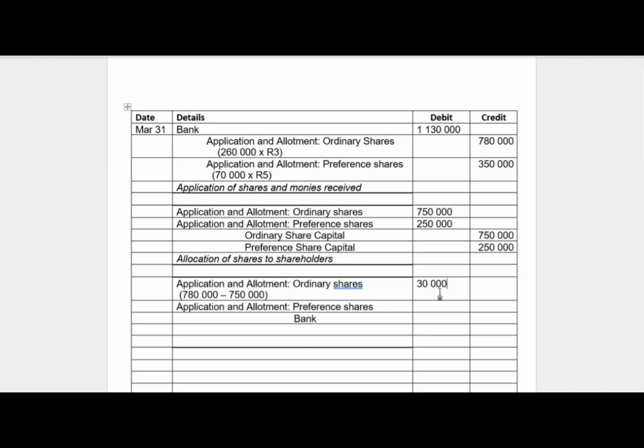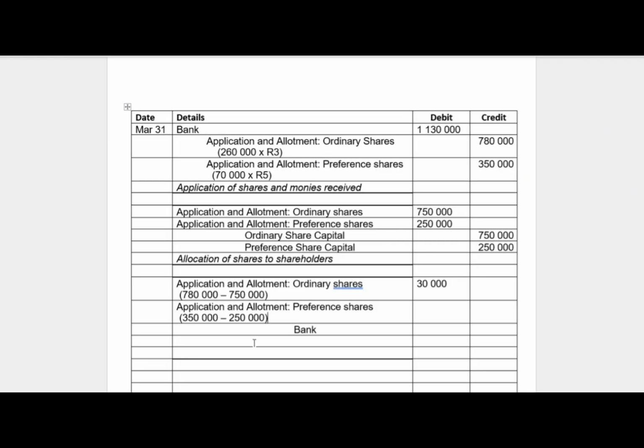All right. And then for preference also, open brackets, they applied for shares worth 350,000, but you are only offering 250,000. So what they applied for, 350,000, you less what you are offering. The difference is a refund.